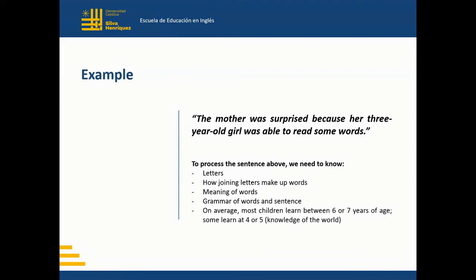The line alludes to a person, the mother of a young girl, who was surprised. Readers of this sentence and the mother herself know that, on average, most children learn to read between the ages of 6 or 7. Some learn at 4 or 5. This is known as the knowledge of the world.